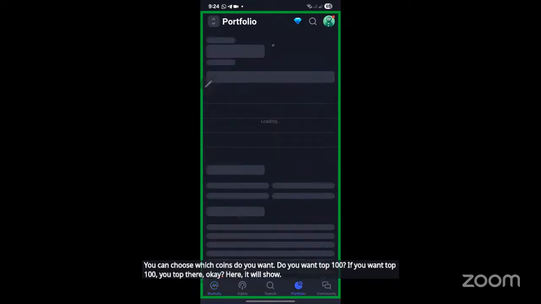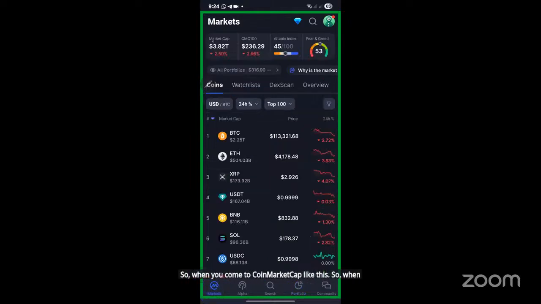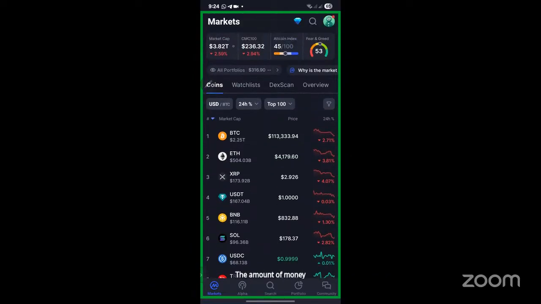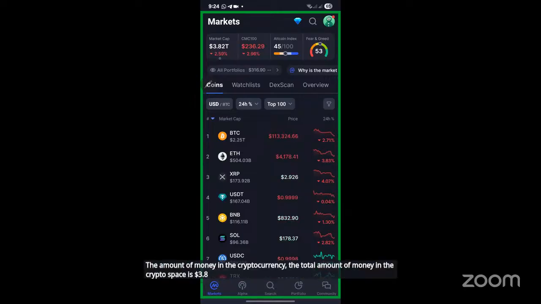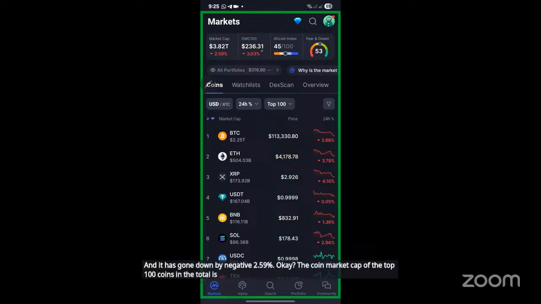So when you come to CoinMarketCap like this, number one, it will show you the total market cap, the amount of money in the cryptocurrency. The total amount of money in the crypto space is $3.82 trillion, and it has gone down by 2.59%. The market cap of the top 100 coins in total is 236.31.